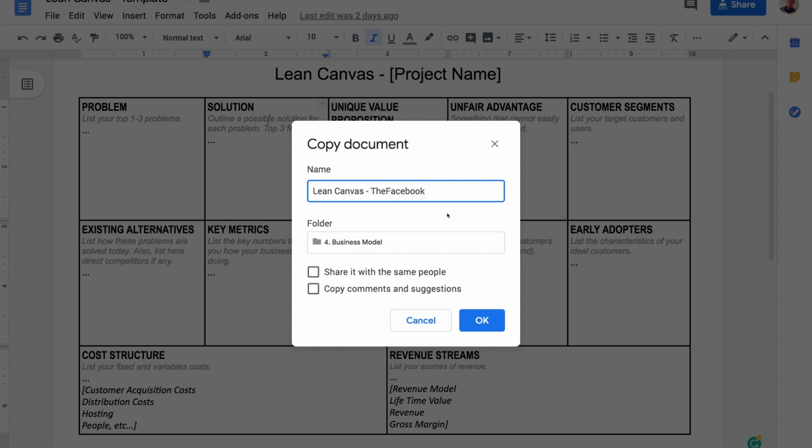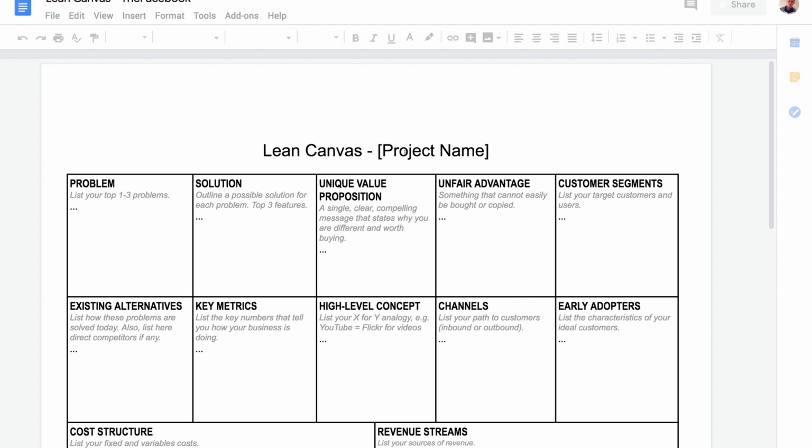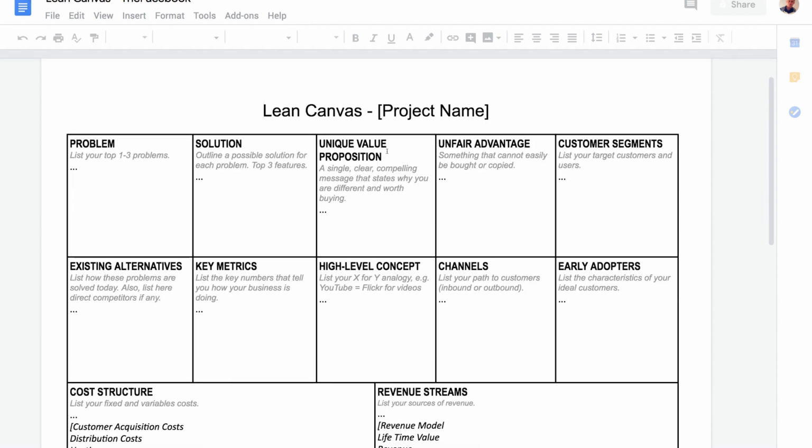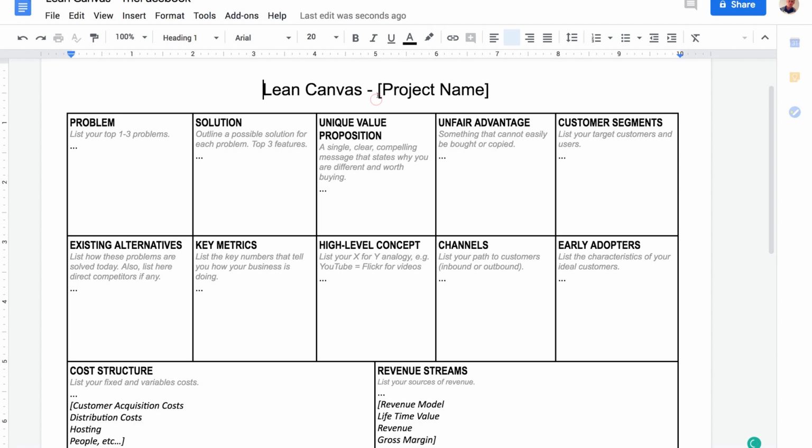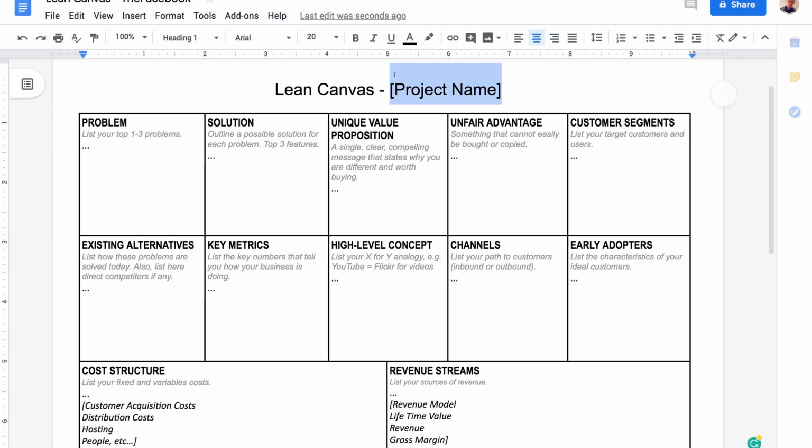In early stage, Facebook's name was the Facebook. Let's put this same name in the project name place. So this is lean canvas for the Facebook platform software. The Facebook.